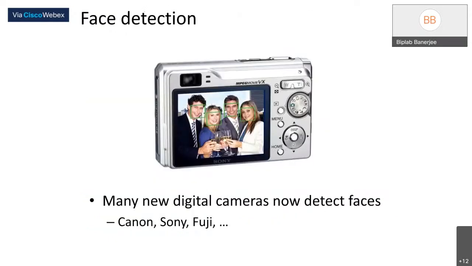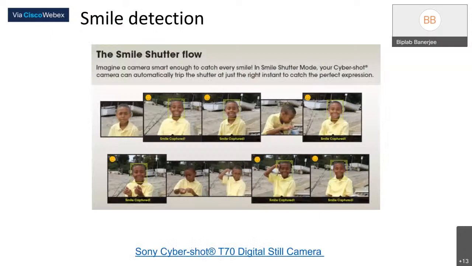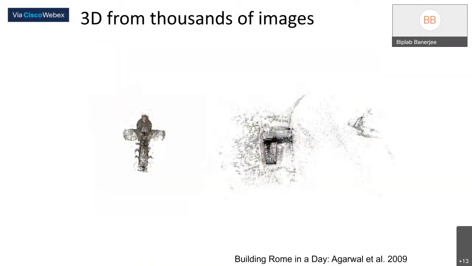Or when we click something on the camera, the face portions are automatically detected, and this is agnostic to any type of scene or the number of people in the scene. Or we can have cameras where the shutter clicks when somebody smiles in front of the camera. So this detects a particular phenomenon, and based on that, something happens. In this case, the shutter fires.